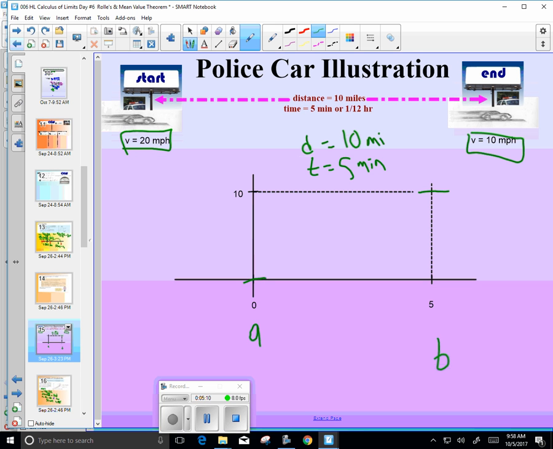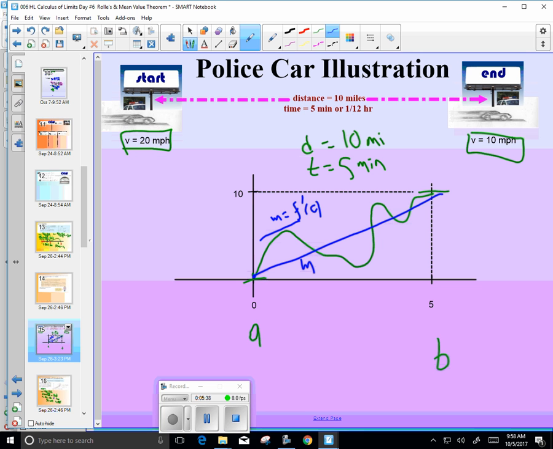Well, if you got started here and you ended up here, I don't know what happened in between. I have no idea what he or she did. But I know there's a place where the slope equals m. At least one place. There has to be, if it's differentiable.